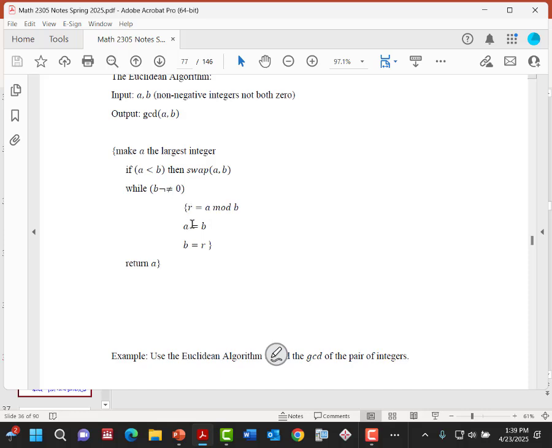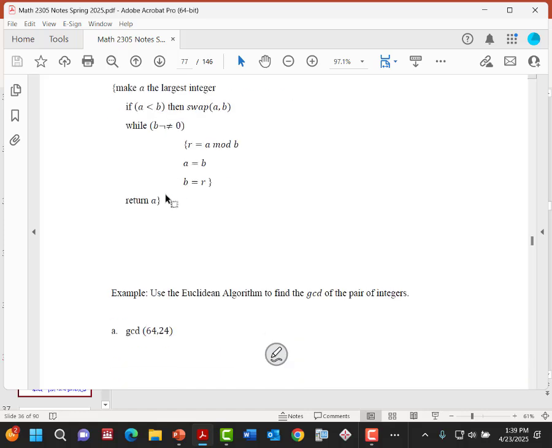Then we set a equal to b and b equal to r, and then return a. The idea is this will loop around until we get a b value of 0, and it will then return the greatest common divisor of my two integers.